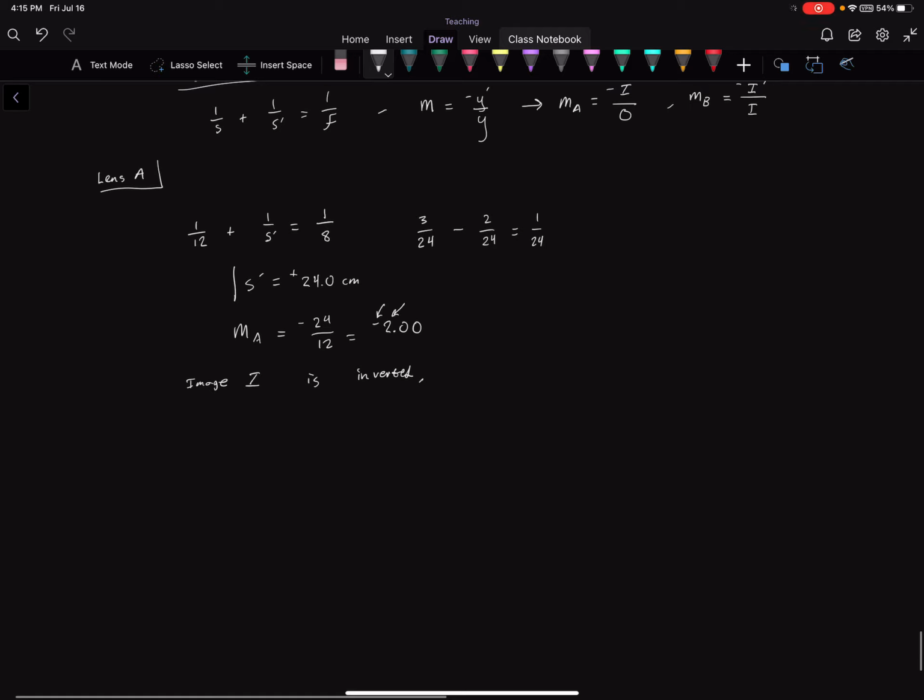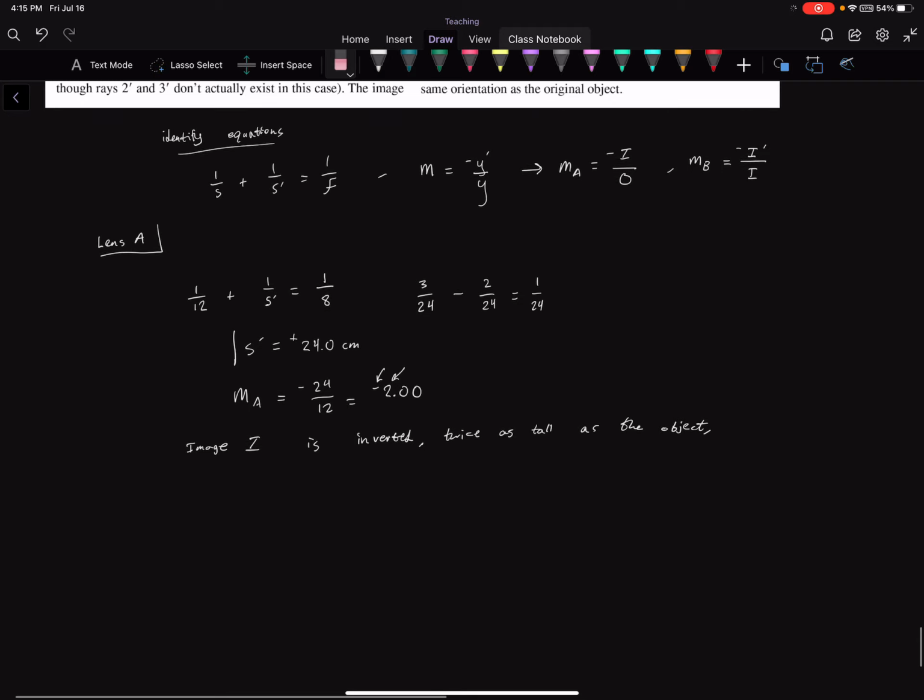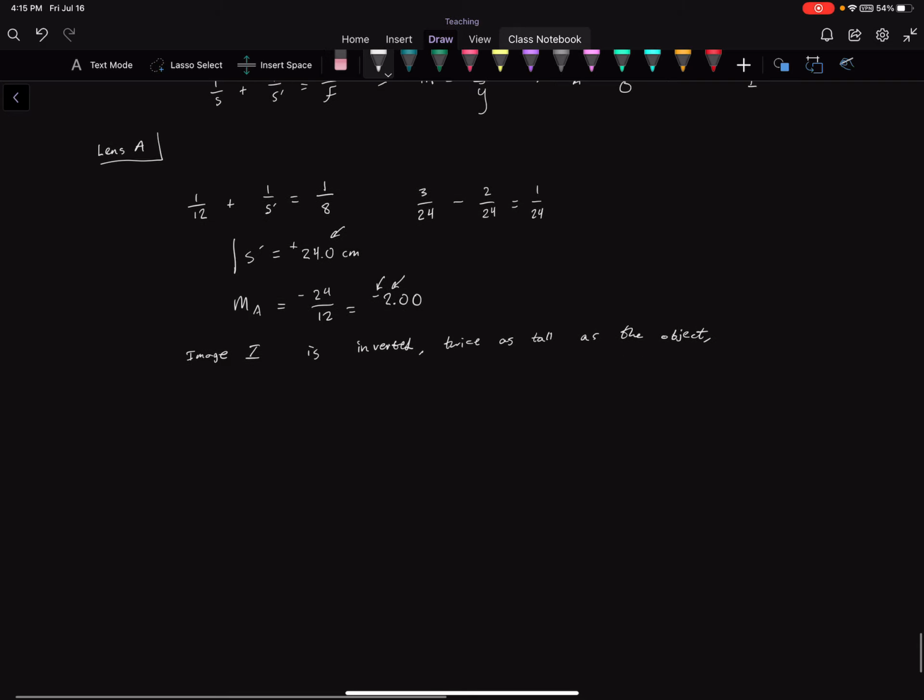Because of this 2 here, it's twice as tall as the object. And because of this image distance here, it lies 24.0 centimeters to the right of lens A.